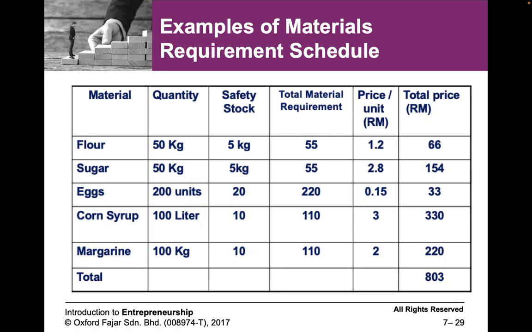So that's why safety stock, okay, the company will use the safety stock in case of emergency. For example, in case of an increase in the production output. Okay, because we already calculated the number of products that must be produced within a day.